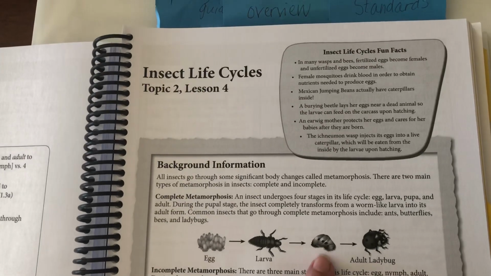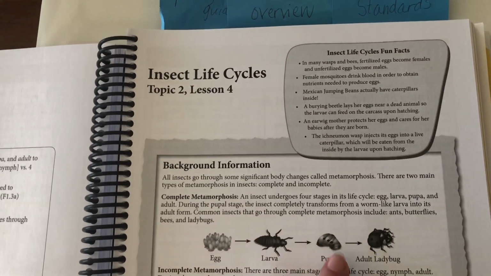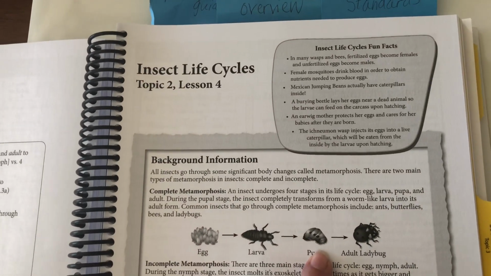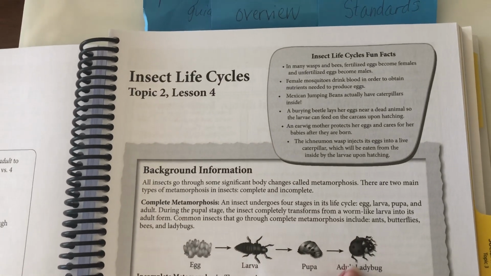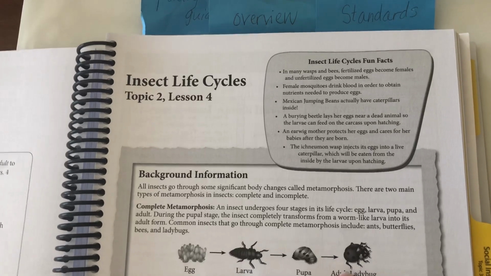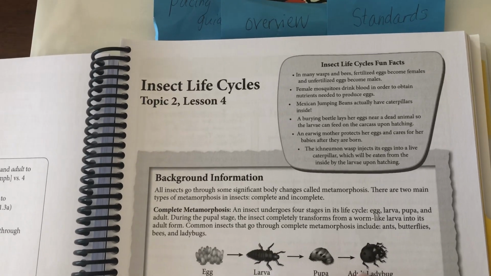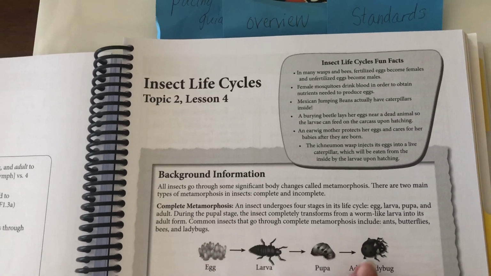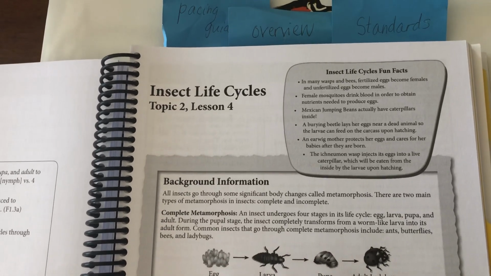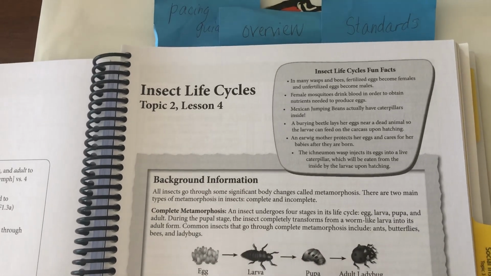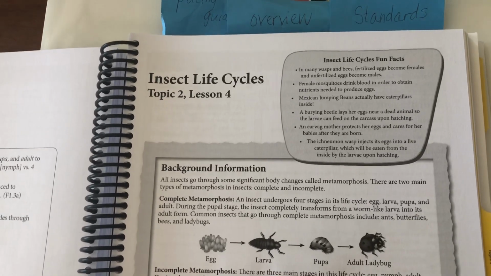So during the pupa stage, it says here the insect completely transforms from a worm-like larva into the adult. And it says common insects that go through complete metamorphosis are ants, butterflies, bees, and ladybugs.